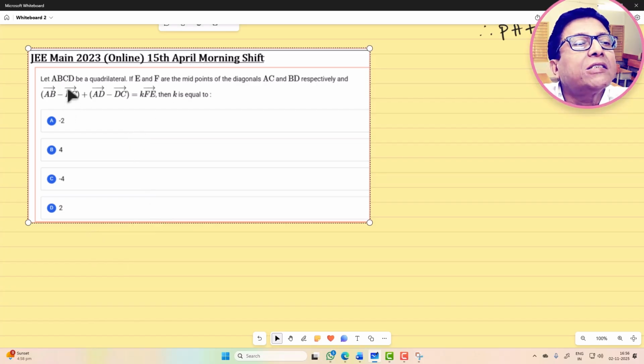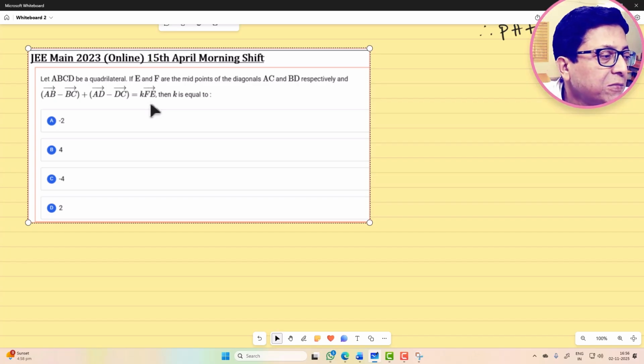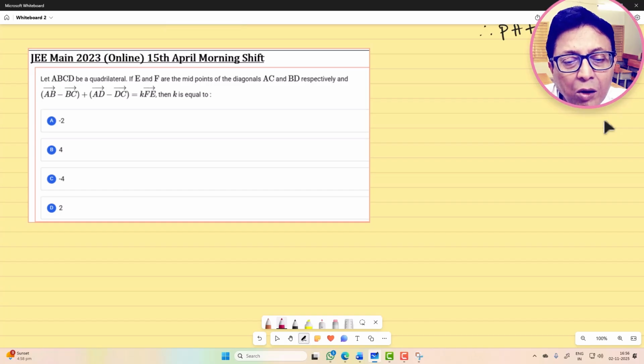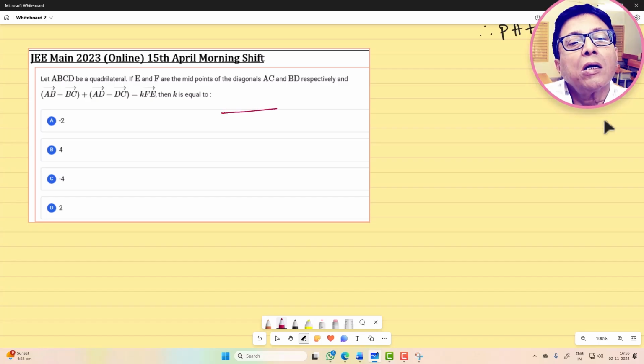2023 April morning shift. Let ABCD be a quadrilateral. If E and F are the midpoints of diagonals AC and BD, and AB minus BC, AD minus BC is given to be K into EF, then your problem is to find the value of K. I believe this sum is an ordinary one once you use the concept of position vector and the section formula, which you have learned in the previous session.